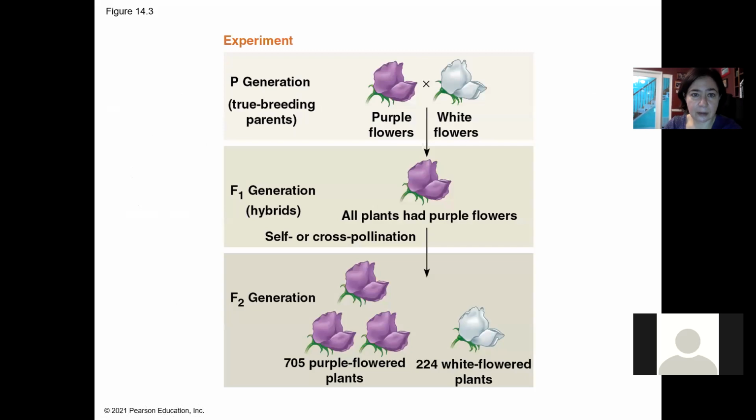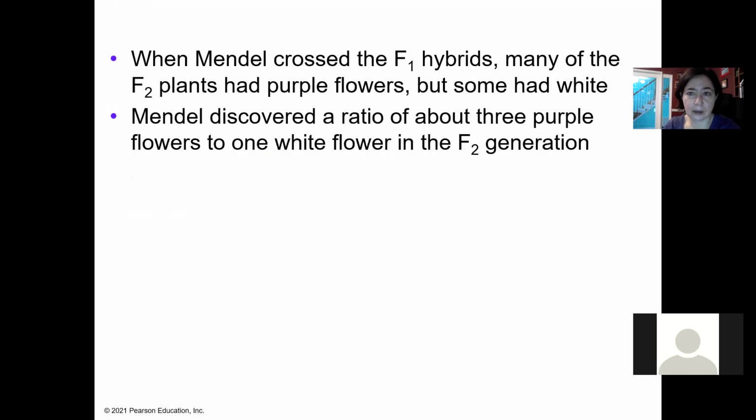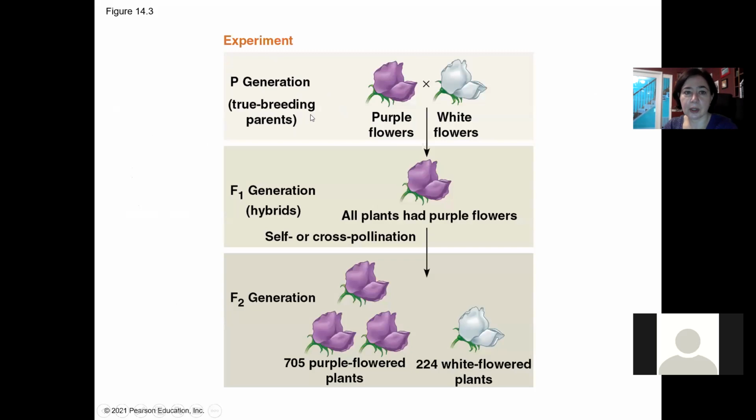This is the right picture, okay. So true breeding parents, purple and white, right? And in the first generation, F1, he got all flowers purple. So basically the white color disappeared in the first generation. And if Mendel had stopped here and said, okay, that's how it is: you cross purple and white and you get only purple.